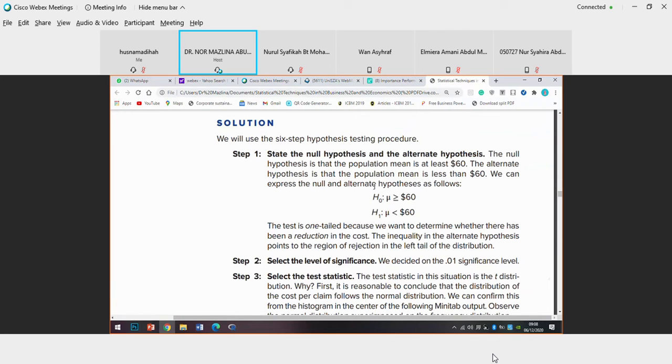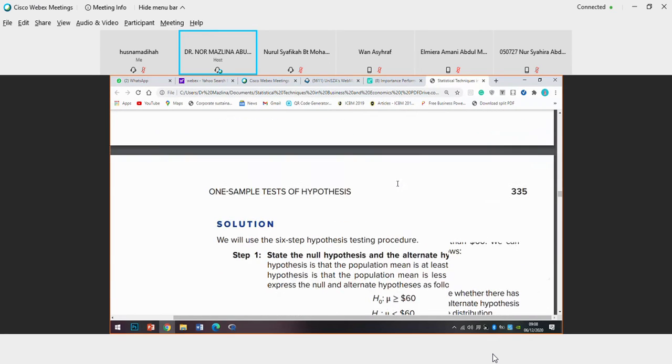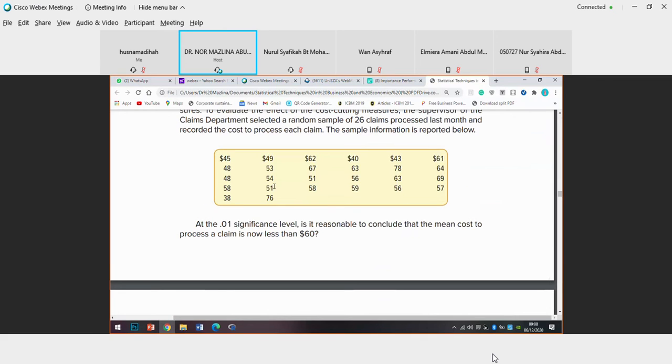Jadi apa yang berlaku kat sini adalah kita kena calculate lah berapa min. Okay, boleh tak awak calculate berapa min dekat sini? Masukkan dalam calculator tu.